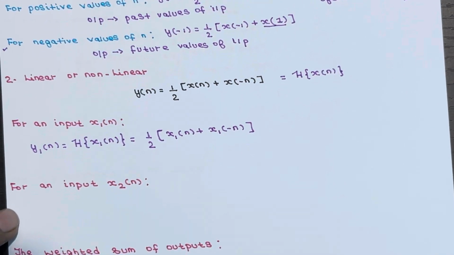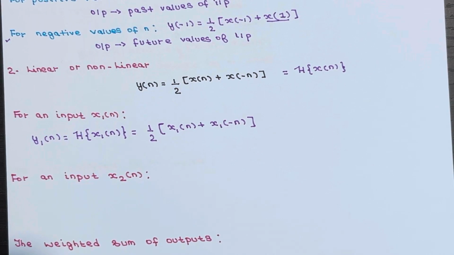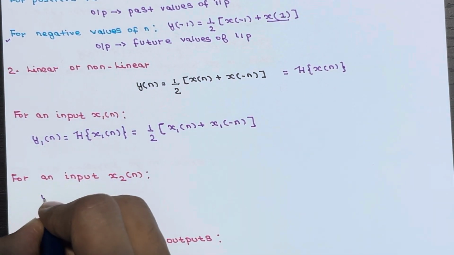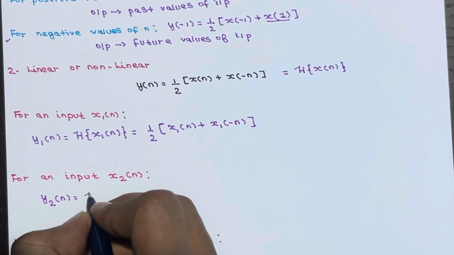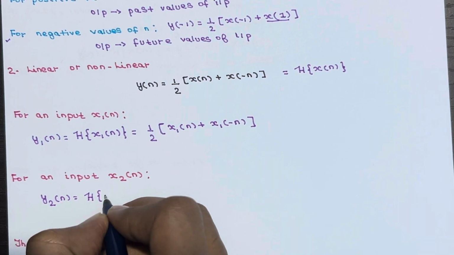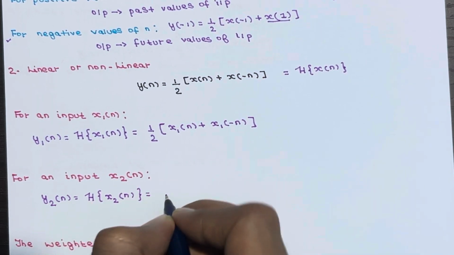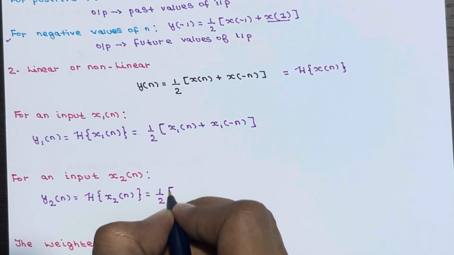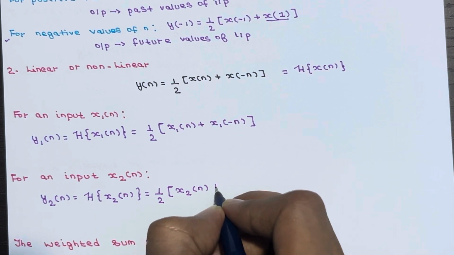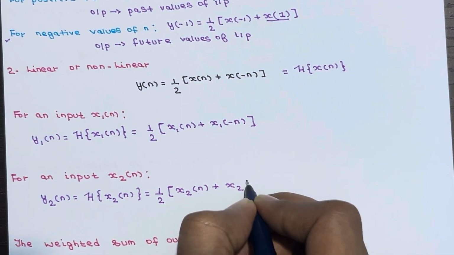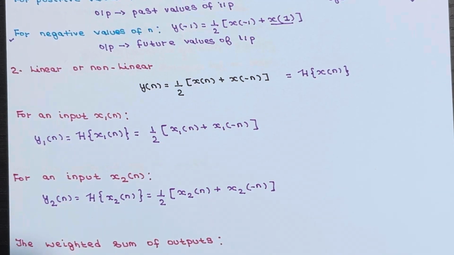Now let's see for an input x2 of n. For an input x2 of n, you have to calculate the output, y2 of n. This becomes the transform of x2 of n, which is nothing but 1 by 2 into x2 of n plus x2 of minus n. Hope it is clear to you.